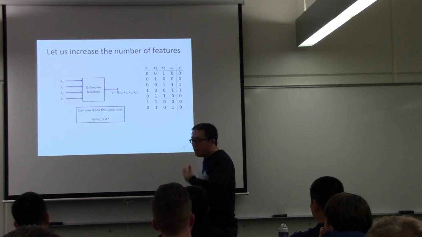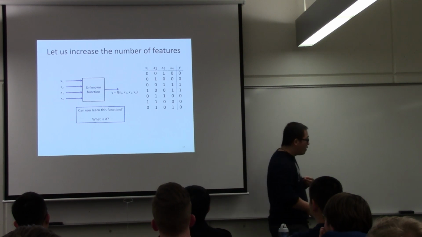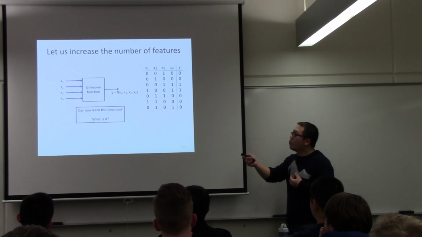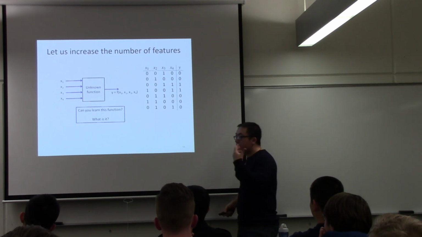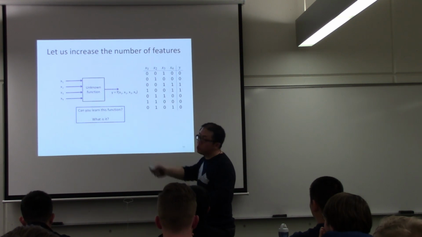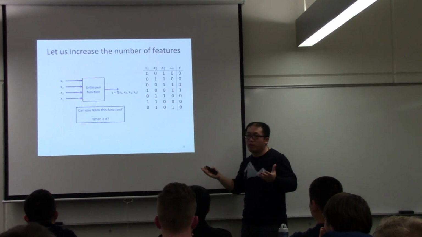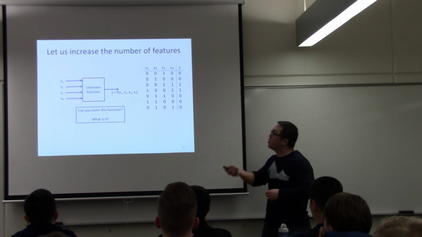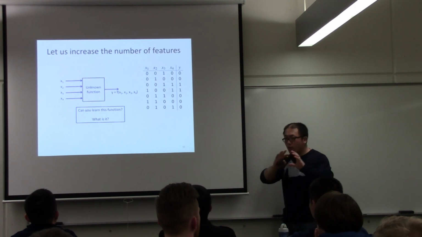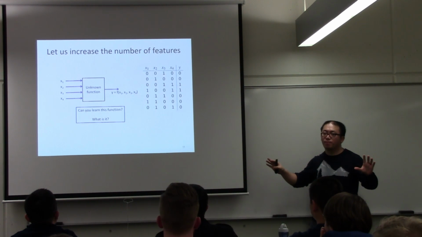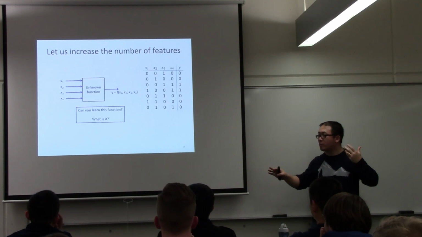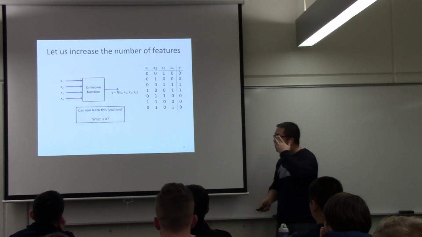Now let us think about a new case where we have 4 input features. Still, those 4 input features are binary. And our output function is still binary, right? And we're still searching over all possible Boolean functions. And looks like our assumption is very nice, very good.